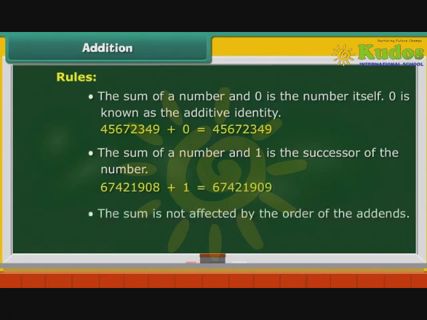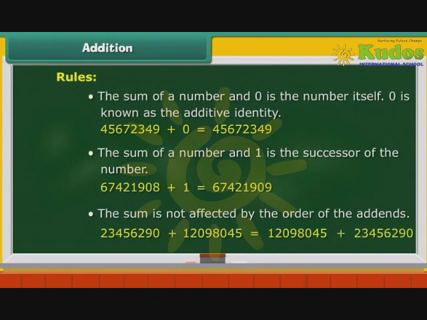The sum is not affected by the order of the addends. 23456290 plus 12098045 is equal to 12098045 plus 23456290.